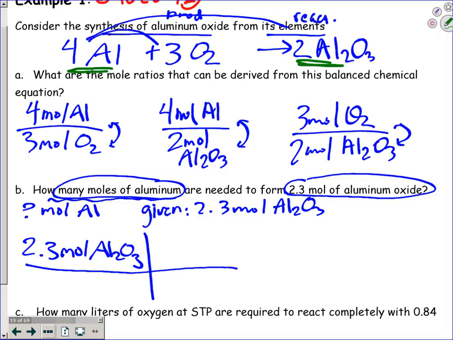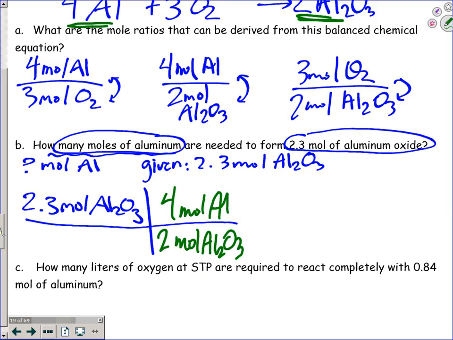The 2 moles of aluminum oxide go on the bottom of the fraction. And who goes on top? 4 moles of aluminum. I've made it from moles of one thing to moles of the other thing just by looking at my balanced chemical equation. I'm done. I just have to calculate now.